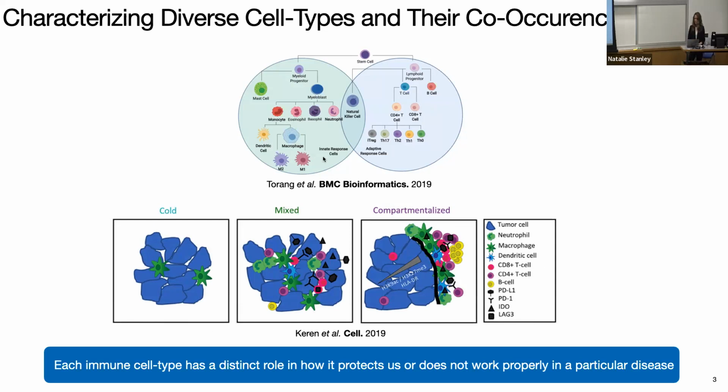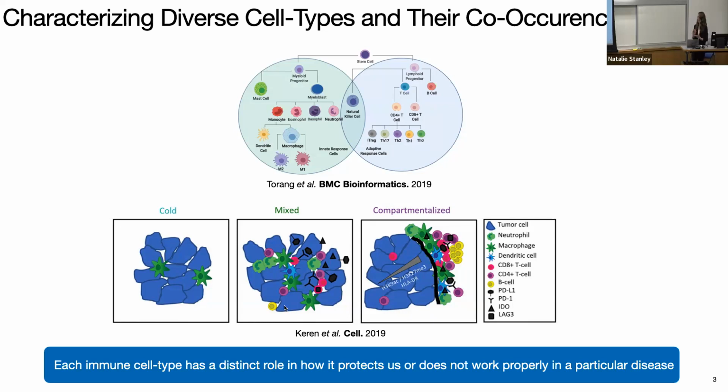So in this example I'm showing you here, this is a sample from a patient, or a schematic of a breast cancer situation, with tumor cells in blue, and the brightly colored cells are immune cells. And it turns out the extent to which you have mixing between tumor cells in blue and these other immune cell types actually has prognostic significance.